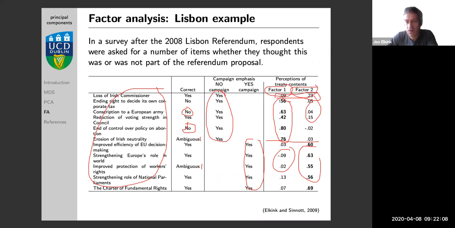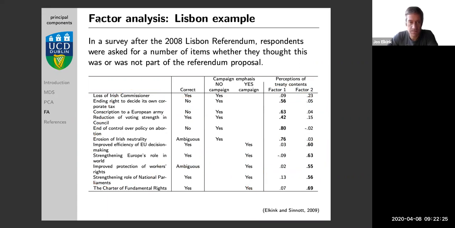Yeah? So people tended to either follow the yes campaign or follow the no campaign, regardless of what was correct and what was wrong. So it's not that they separated people that understood the treaty and people that did not understand the treaty. It really separated people that followed the yes campaign and people that did not follow the yes campaign. So this is an example where the rotation works better, where we could really separate these two groups and we could really write a paper around these findings in factor analysis.